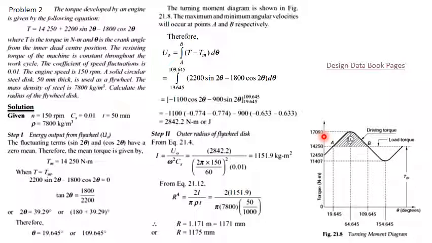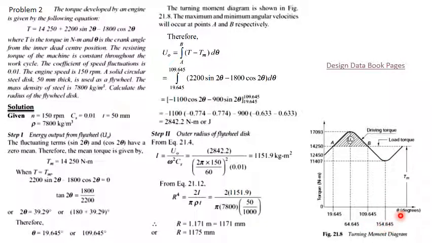17,093. Similarly, adding 90 degrees, that is pi by 2, we get the next position, the lowest position of the torque, and that angle will be 154.